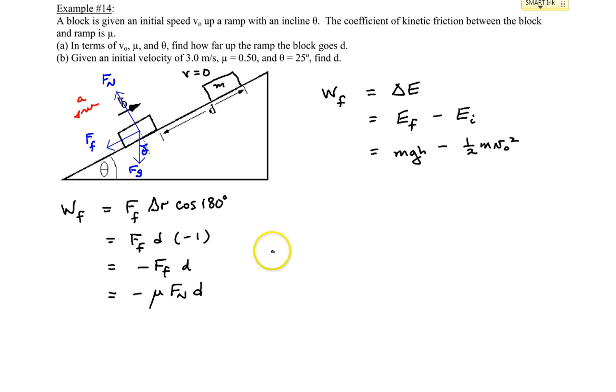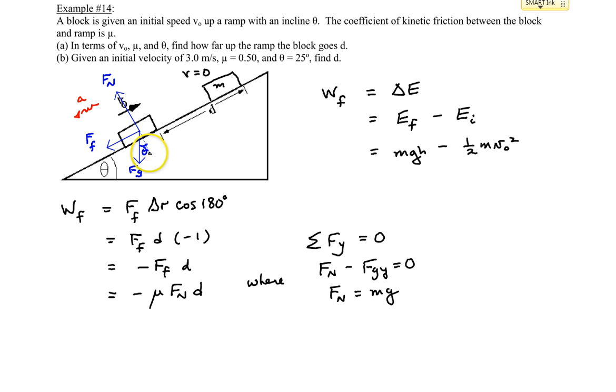The normal force comes from the sum of the forces along the y-axis, which is 0. So along this y-axis, the normal force is counterbalanced by the y component of Fg, so N minus Fgy is equal to 0. So the normal force is equal to mg times, well, this adjacent side is cosine theta.